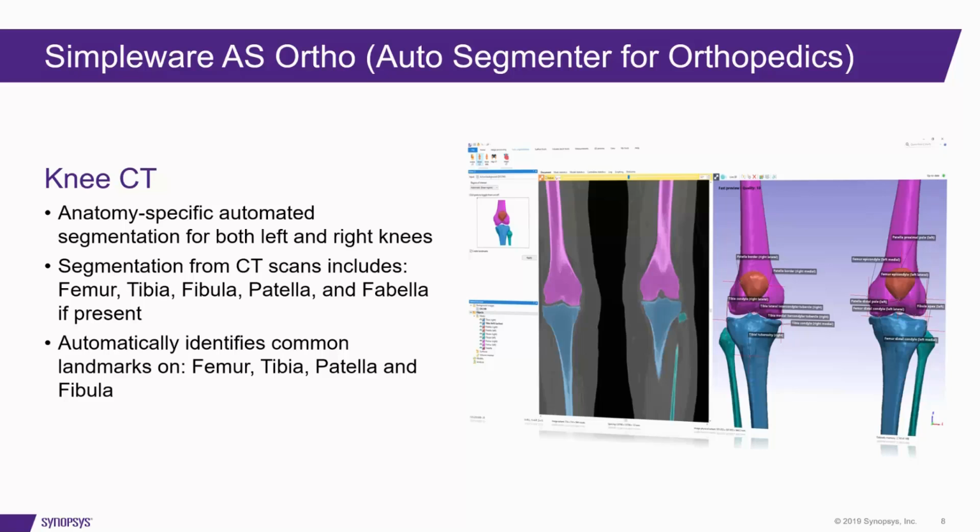So the tool can be used on the left or the right knee or both at the same time, and it accurately segments the femur, the tibia, the fibula, the patella, and any flabella that may be present. In addition, it automatically identifies landmarks on the femur, tibia, patella, and fibula as well.